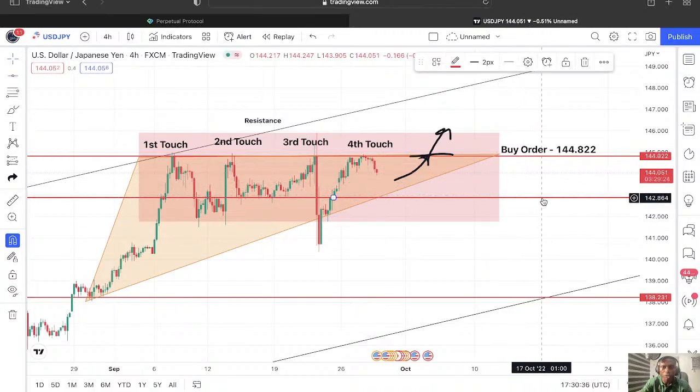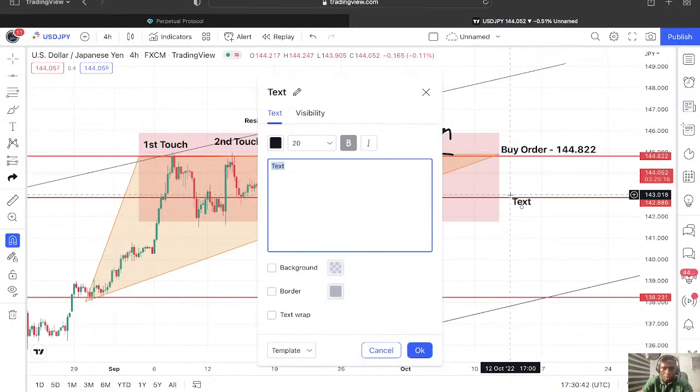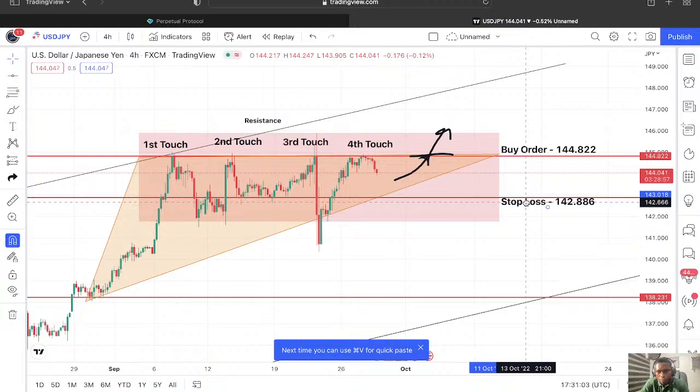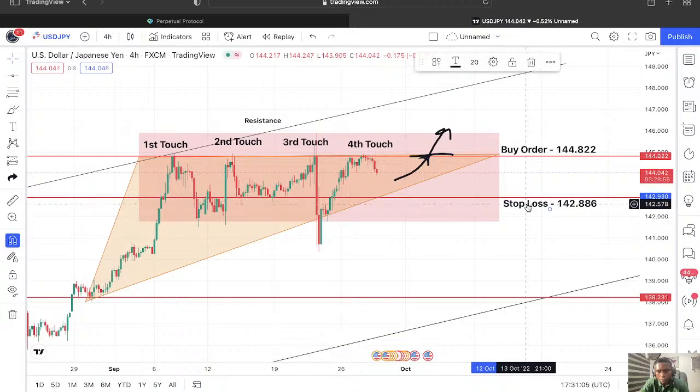This way I'm comfortable with setting my stop loss.